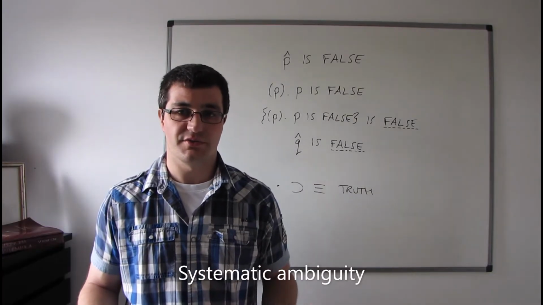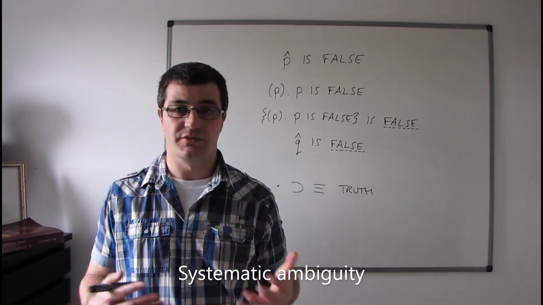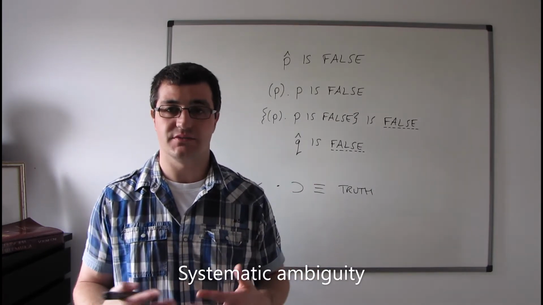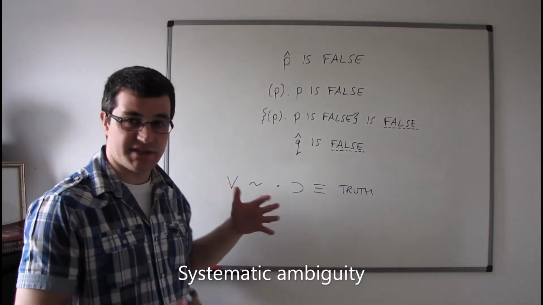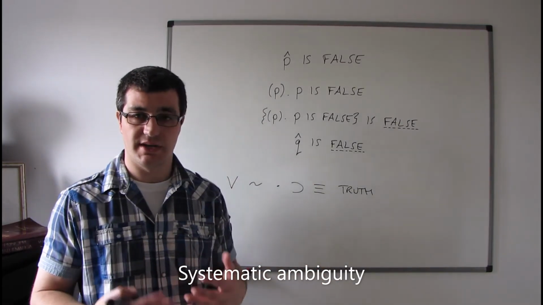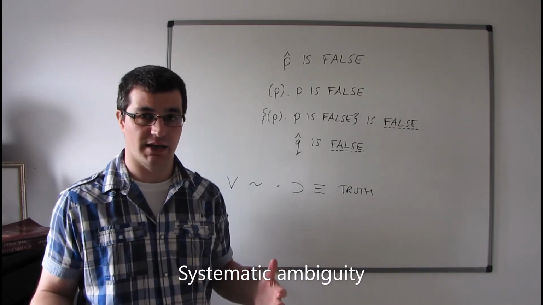So this brings us to one of the main ideas of section 9. One of the main results of section 9 is to effectively show that under certain circumstances, this idea of systematic ambiguity is not something that we need to worry about. It's not something that really affects us in a big way.